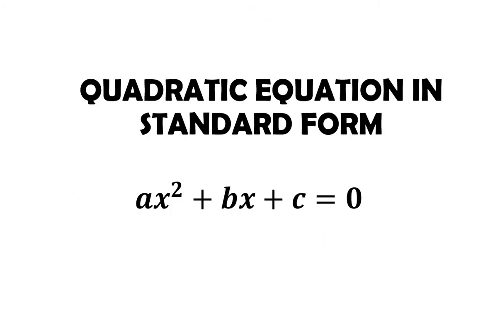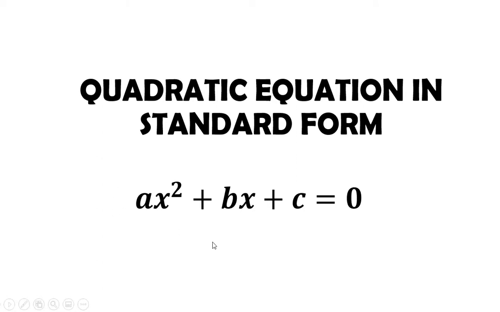In quadratic equations, we have this standard form. Any quadratic equation has a standard form. So I would like to introduce this to you: ax squared plus bx plus c equals 0.